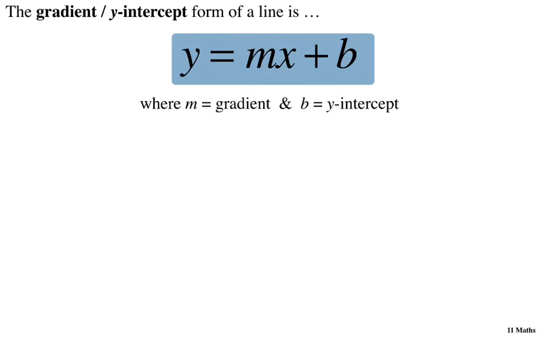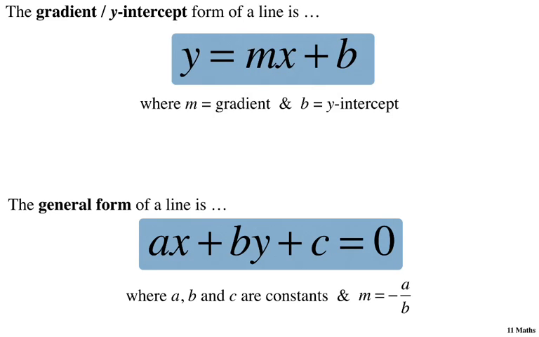One that we haven't seen a lot of before is the next one, which is the general form. The general form just means that we get everything on one side of the equal sign so that it says equals 0, and we put the x part first, the y part second, and the number part last.